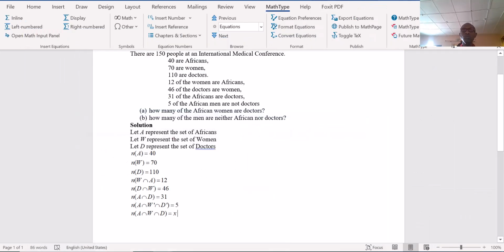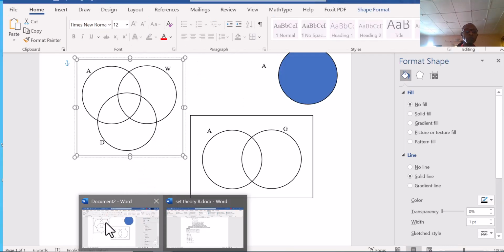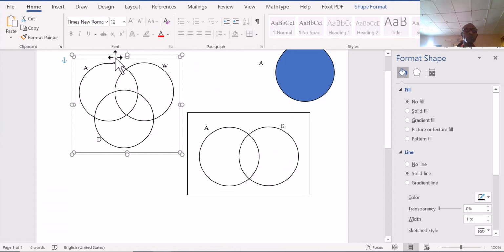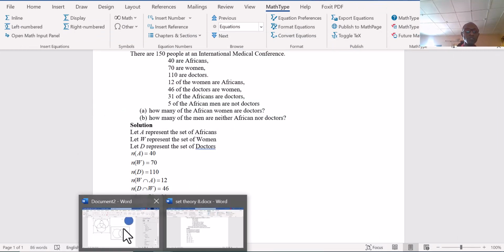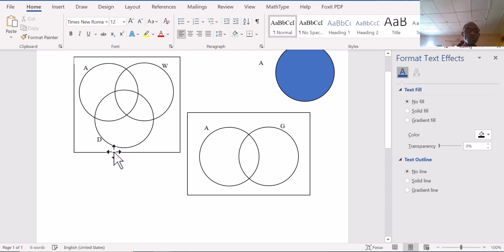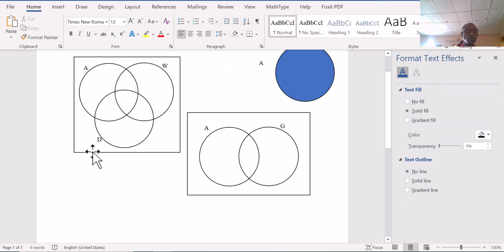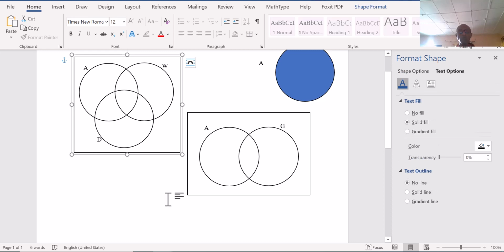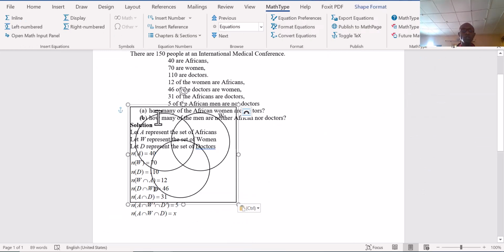It's not coming out. I need to draw this Venn diagram just to make the work easier for us.